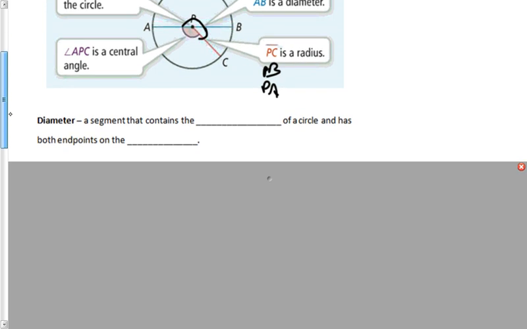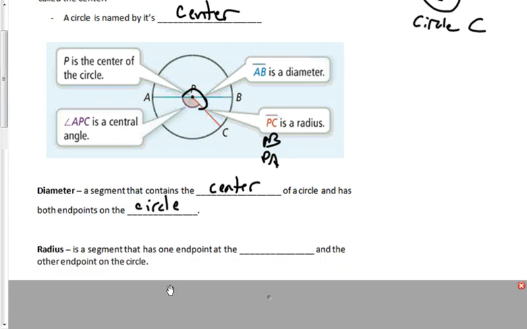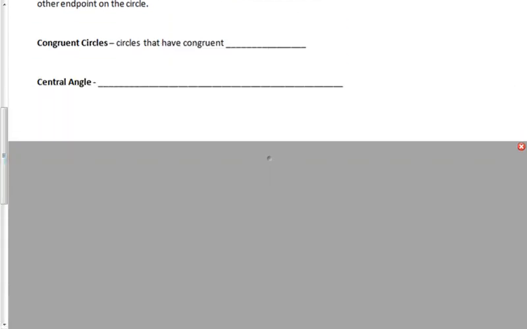The diameter is a segment that contains the center and has both endpoints on the circle itself. Whereas the radius is a segment that has one endpoint at the center and one on the outside of the circle. So it's half of a diameter. Moving on, a couple other basics.